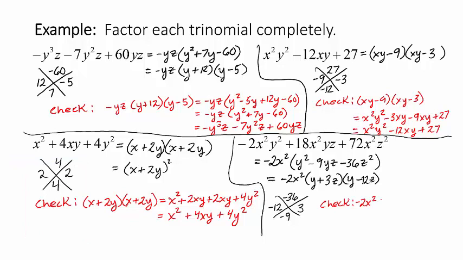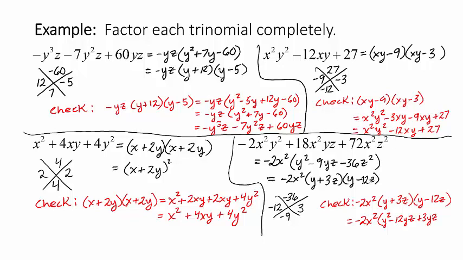So when we take the negative 2x squared times y plus 3z times y minus 12z, leave the GCF of negative 2x squared alone and FOIL the rest. So we'll have y squared, y times y is y squared. The outer, y times negative 12z is minus 12yz. The inner will be 3z times y, which is plus 3yz.